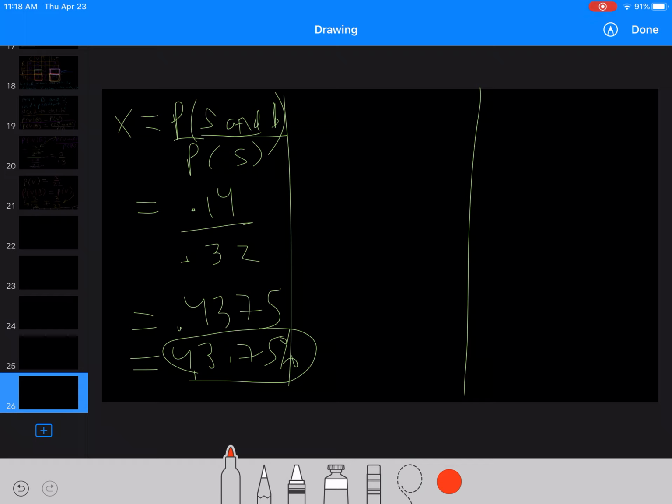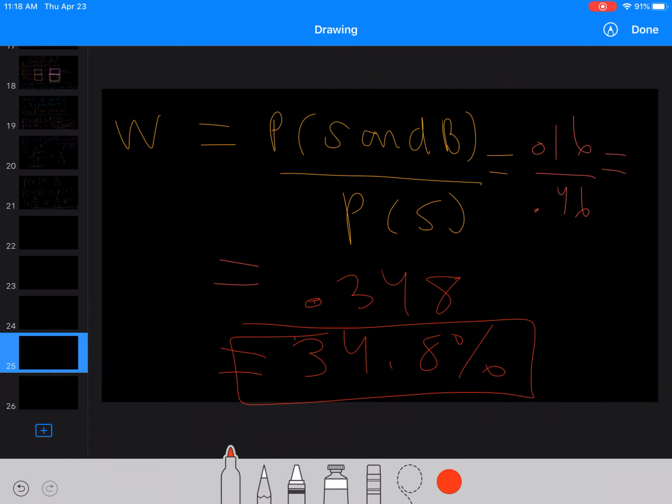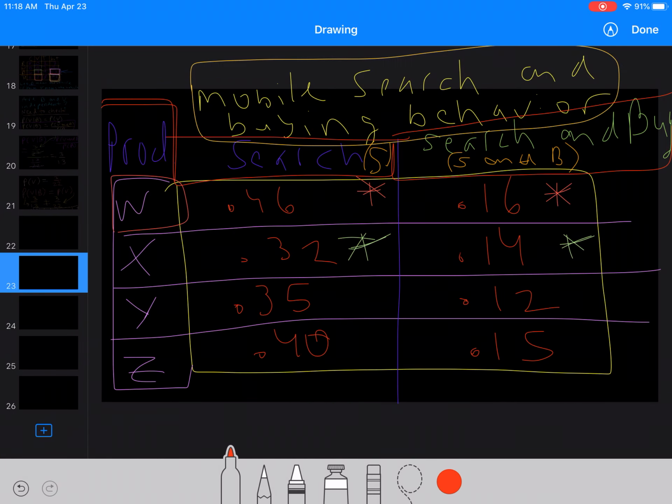Now let's just do Y and Z. Okay. So it's the same thing. They're both going to have that same formula here. So if we look at the probability of S given B from the table, for Y, we're going to have 0.12, and the probability of S is 0.35.